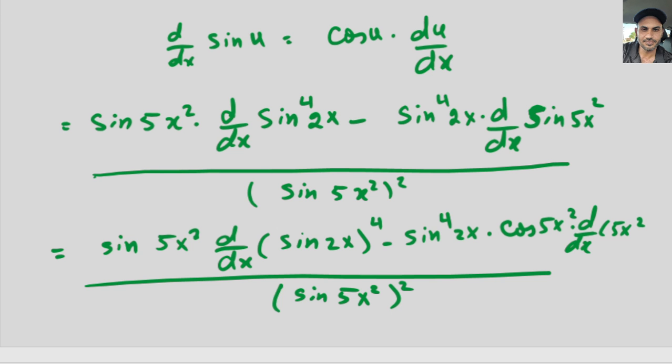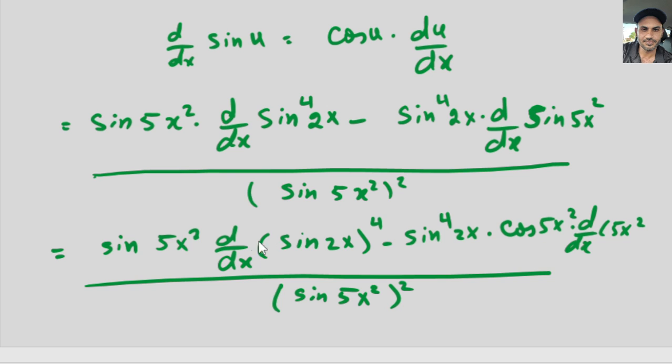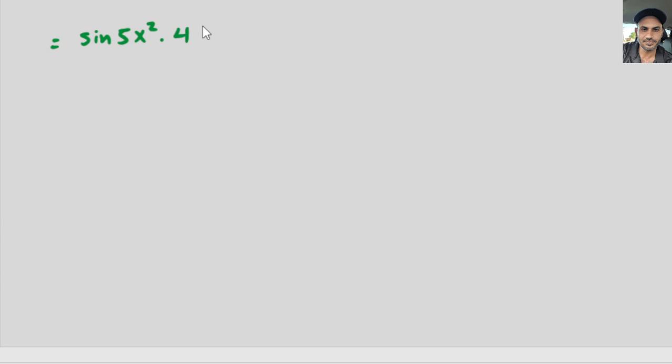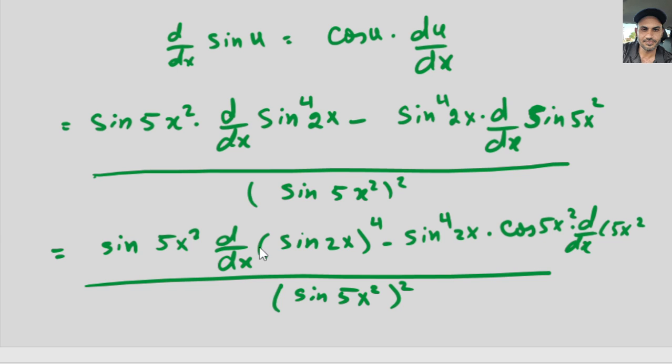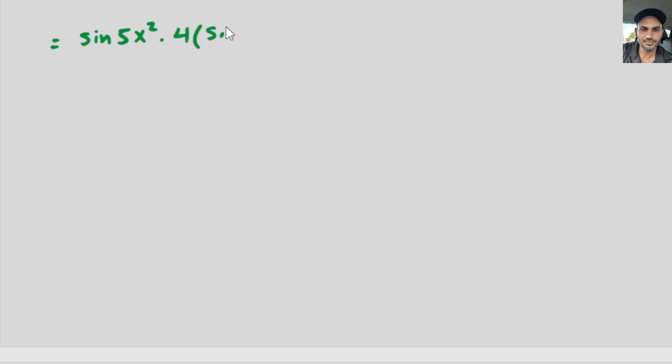We get sine of 5x squared times the derivative of this, which is going to be 4. This 4 becomes the coefficient, sine of 2x to the 4 minus 1, times the derivative of the inside, which is going to be cosine of 2x. Then the derivative of 2x is going to be 2, so it's pretty long.